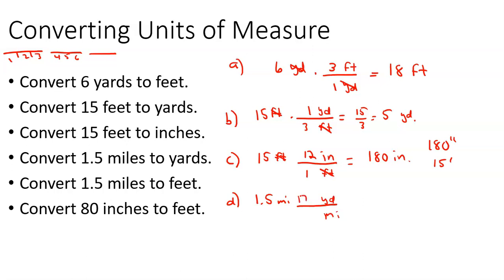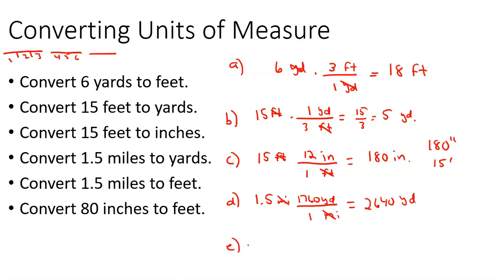So 1,760 yards in 1 mile. Now my miles cancel. So if you do like I did and accidentally put it in the wrong spot, you'll realize it because what you're trying to get rid of will simply not go away. All right, so now I multiply 1,760 times 1.5. I get 2,640 yards.